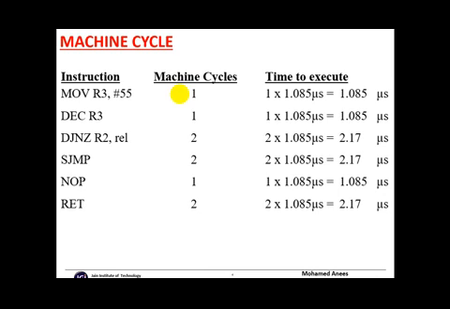Because in case of software delays, we use only a few instructions. Those instructions I have mentioned in this PPT only, like MOV, DEC, DJNZ. If you remember the machine cycles of these instructions, it's more than enough.